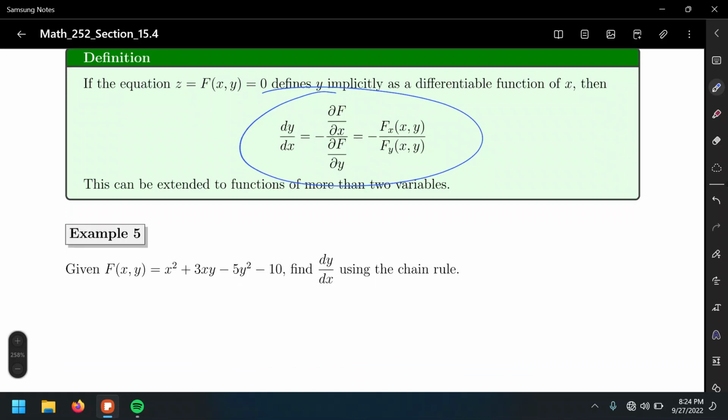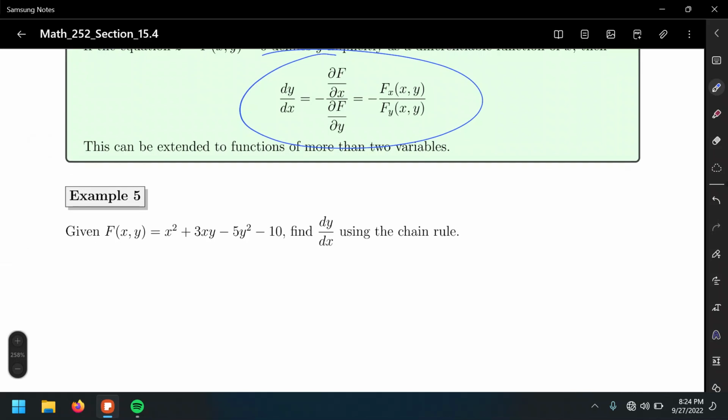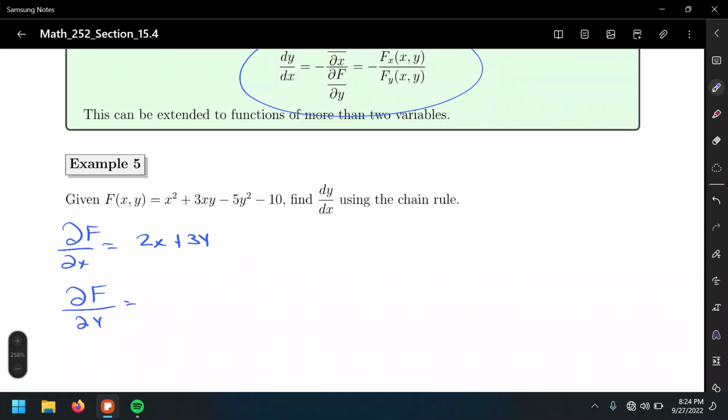So all we have to do is, number 1, find the partial derivative of the function with respect to x, which in this case is 2x plus 3y, and the partial derivative of f with respect to y equals, okay, the derivative is 0 right here. Over here is 3x and minus 10y.